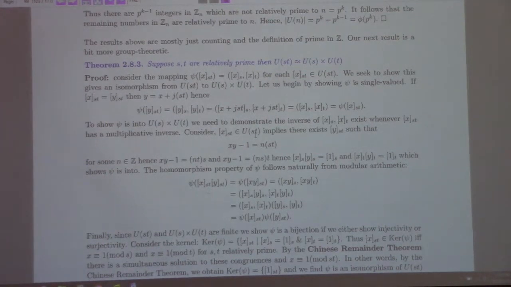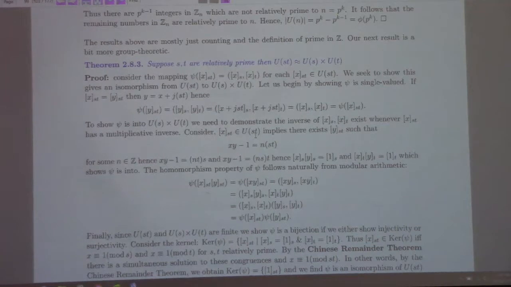So if I have Y mod ST, I get Y mod S comma Y mod T, and if I add J copies of ST, what would another representative of the same coset look like?